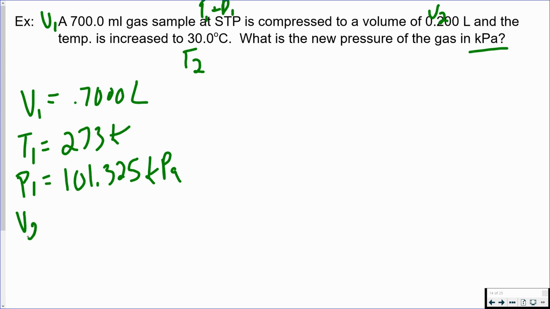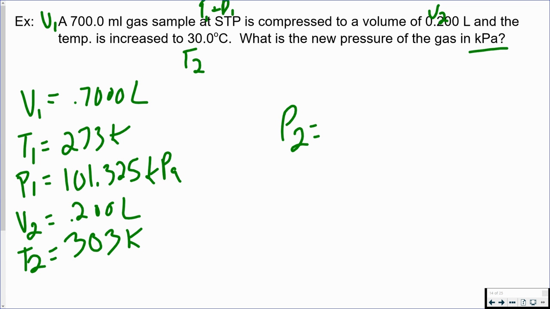You have a V2 of 0.200 liters and a T2 of 303 Kelvin.